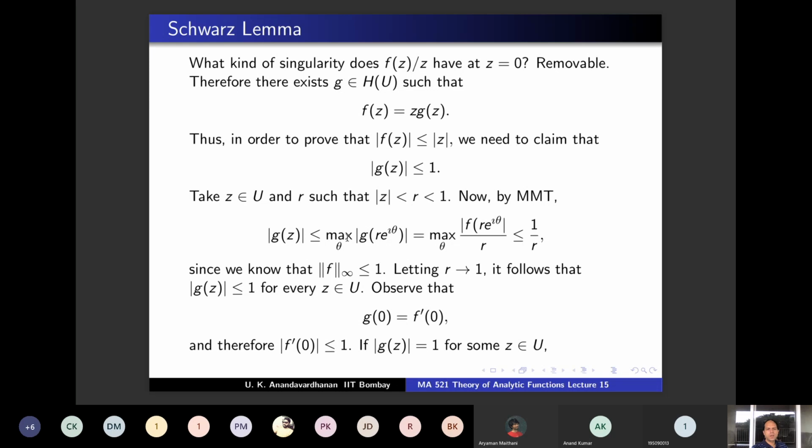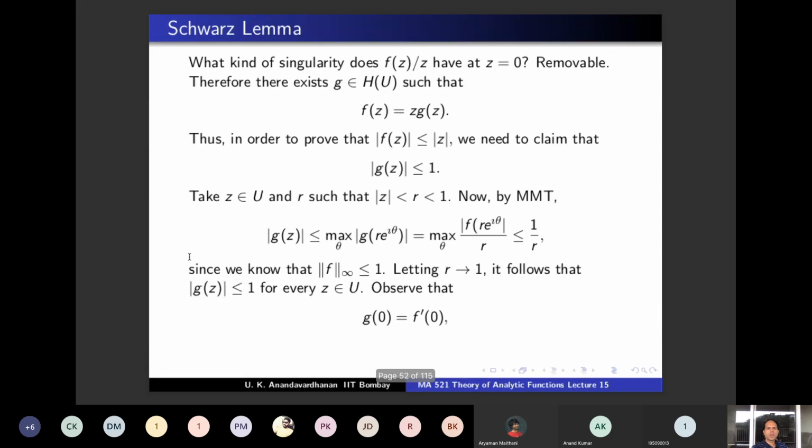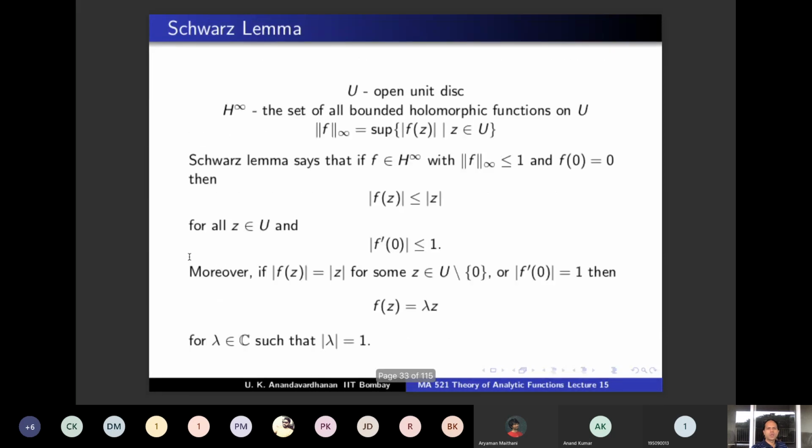Now, if mod g(z) is equal to 1 for some z in U, then the maximum is attained, because the maximum of this is 1 or something less than 1. A maximum is attained inside, and therefore you can conclude that f(z) by z, the function g(z), has to be a constant. So g is identically a constant lambda, and that shows the statement.